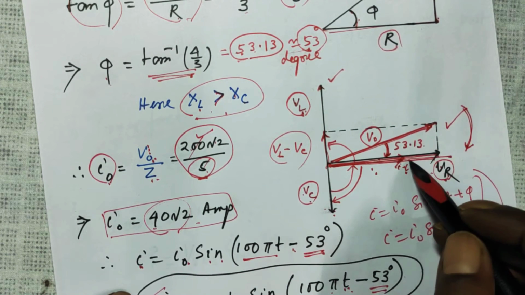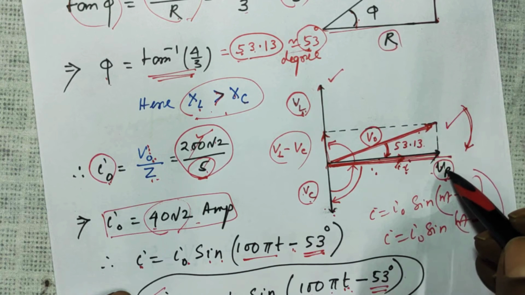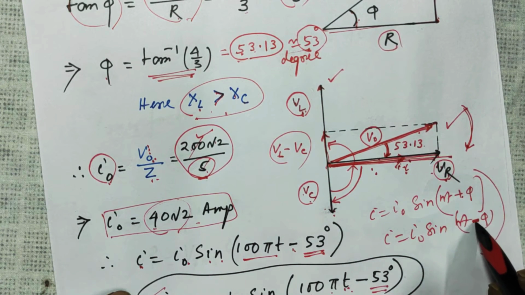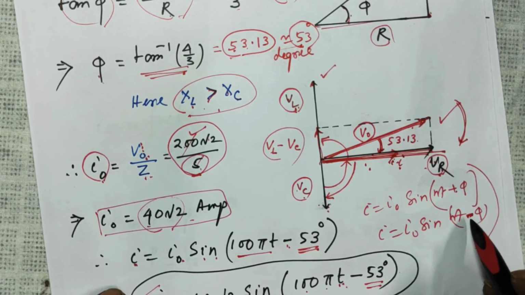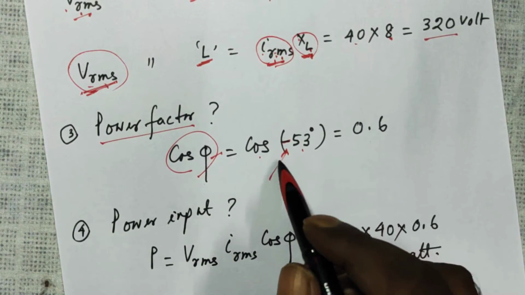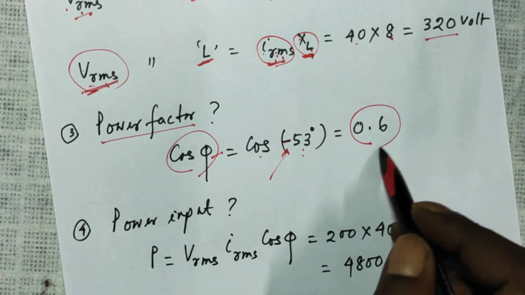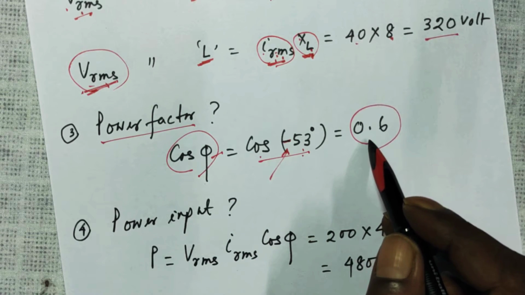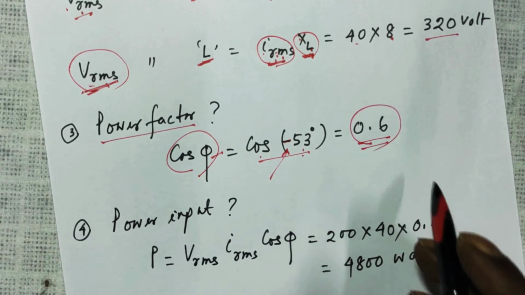To this side means current is lagging behind. Therefore, phi is negative, minus phi. So cos of minus 53 is your power factor. If you put it in a calculator, this comes out to be 0.6.